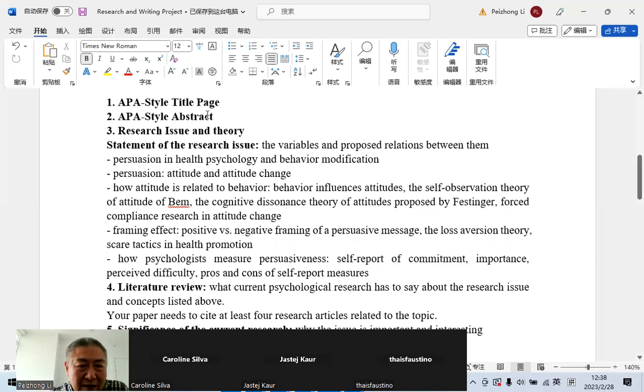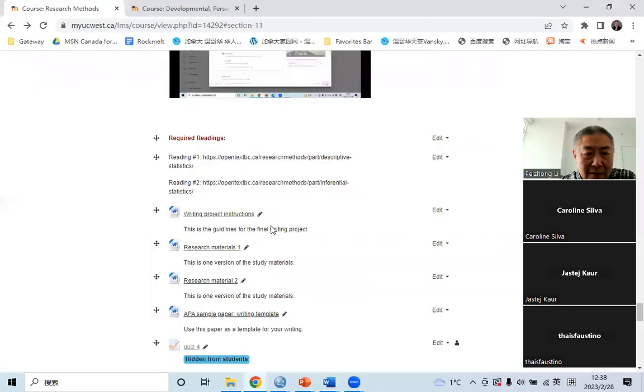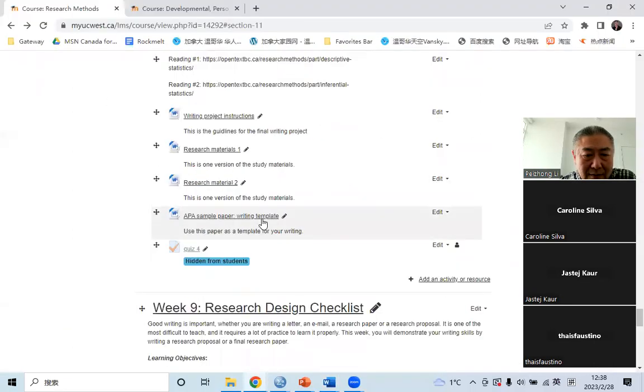For the APA style title page and abstract, I'm providing a template. If you go to the portal, you can see that the APA, American Psychological Association, provides a lot of good sample papers, and you can use this one as a writing template.